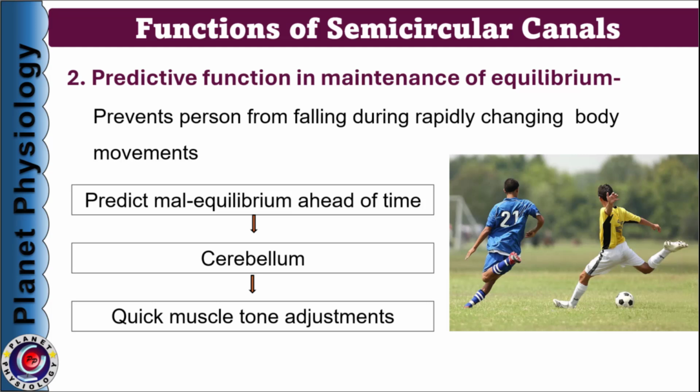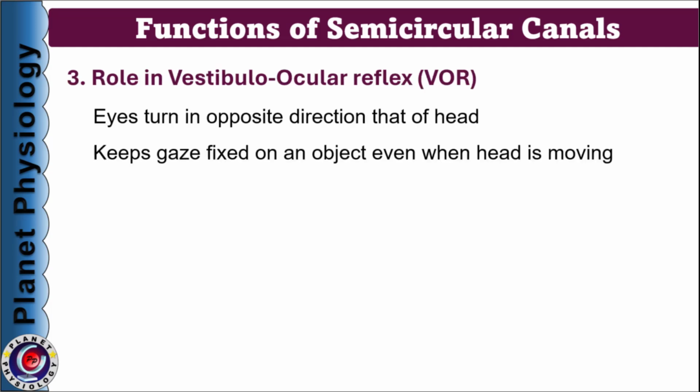The signals from the canals travel to the cerebellum, which then makes quick adjustments in the muscle tone to keep you steady. That's why even during complex three-dimensional movements like dancing, playing sports or skating, you usually maintain your balance.